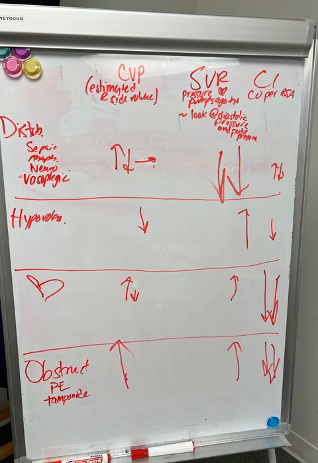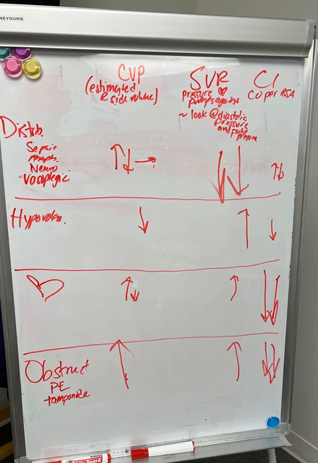When we go through hemodynamics, we want to measure central venous pressure. Remember, it's an estimate of what's going on. We want to measure cardiac index. What's cardiac index? Output divided by stroke volume? No, it's cardiac output divided by body surface area.